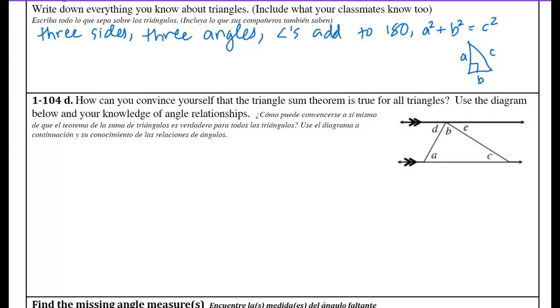Now, for those of you who don't know, the triangle sum theorem says that the measure of angle A plus the measure of angle B plus the measure of angle C is equal to 180 degrees. This is what we want to show.